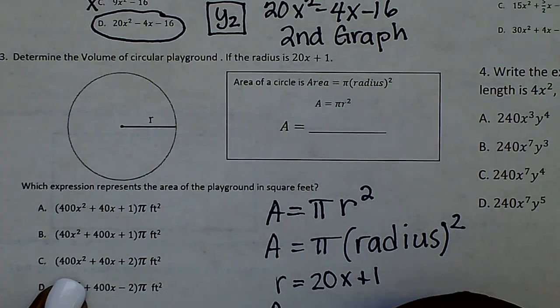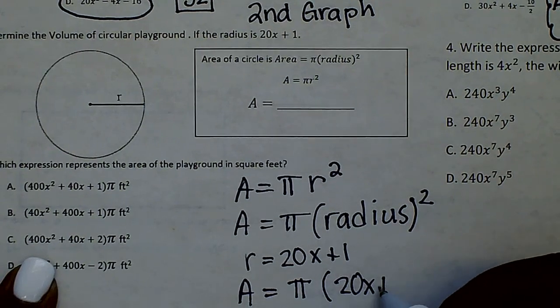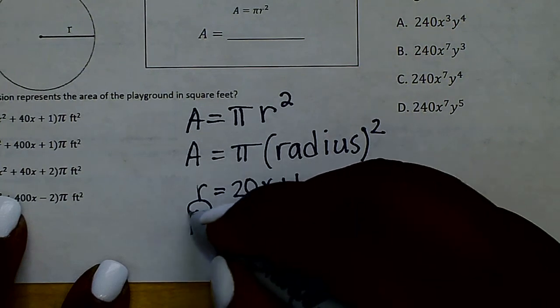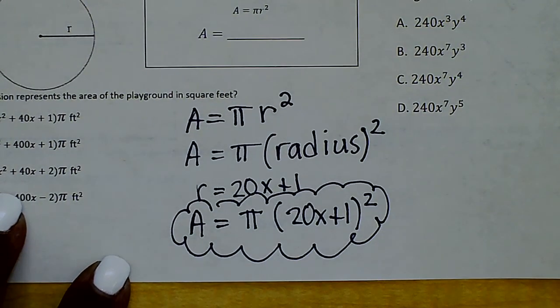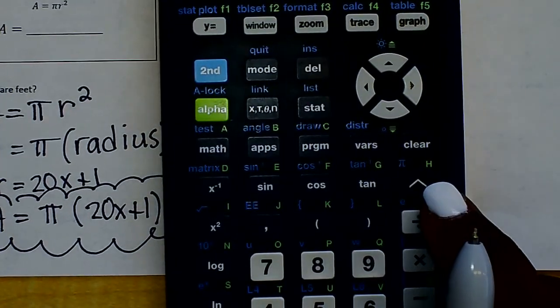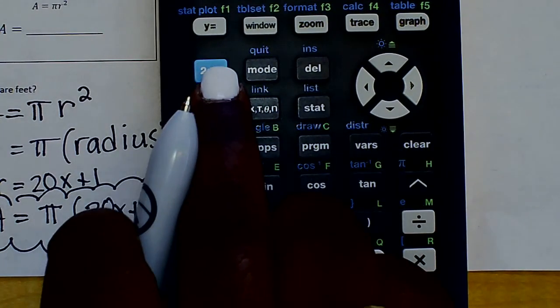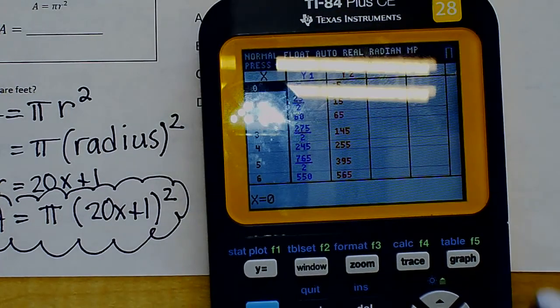So your equation is pi times 20x plus 1 squared. You have to put that in your calculator. The key to this one is, where is the pi on our calculator? The pi is located right next to the caret key, in blue, so all you have to do is press second caret key, and you'll have your pi.